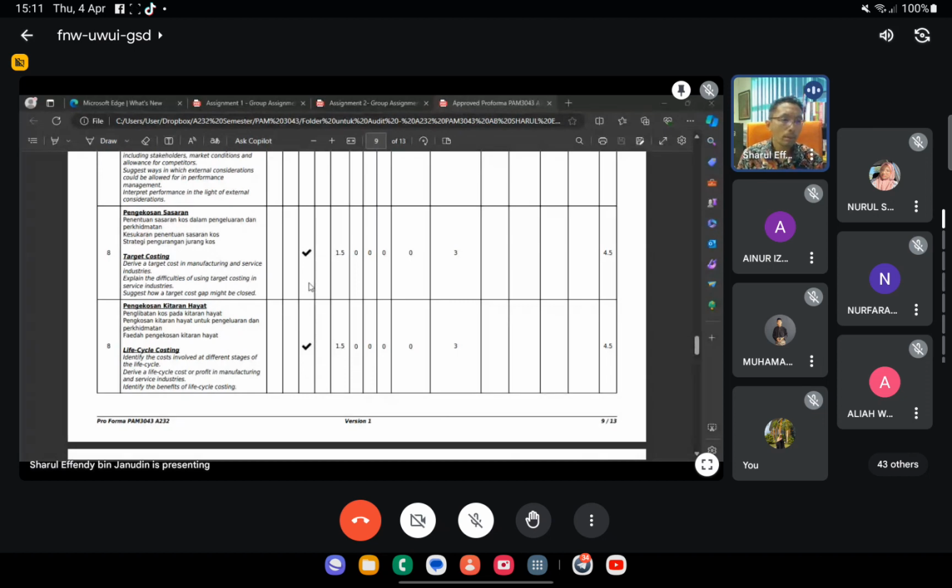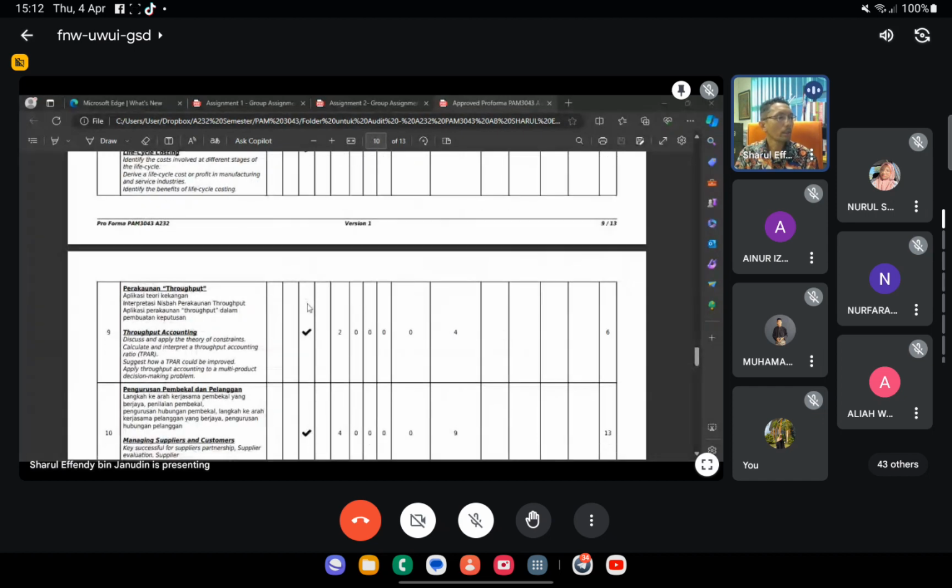So 7 topics. But because we have two types of assessment for CLO3, the final exam and also a quiz, basically target costing, life cycle costing, and throughput accounting will be tested in your quiz.